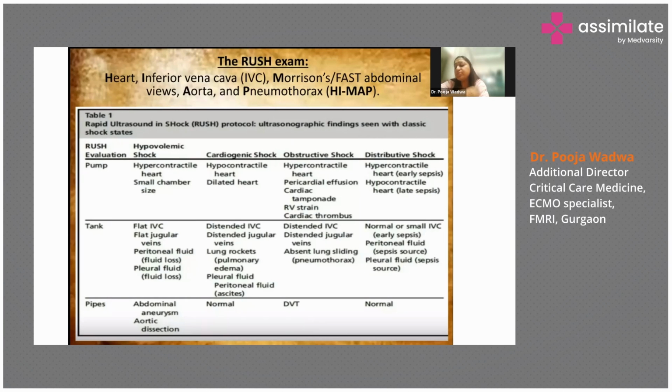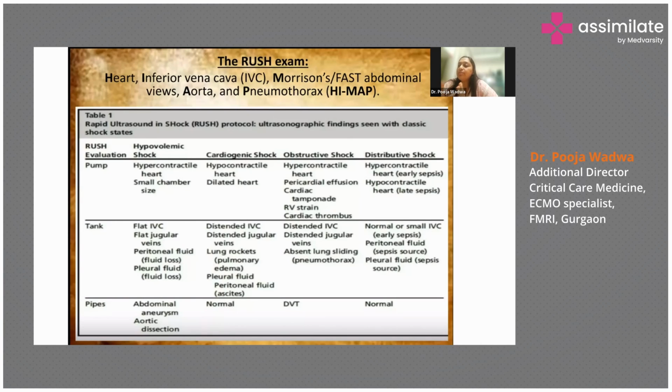Then there are the pipes, which means the basic blood vessels which take blood out from the heart and supply it to the body, like the aorta, or smaller veins like the abdominal inferior vena cava, or the large vessels like popliteal veins and femoral veins. Okay, so you have to divide your area of interest into pump, tank, and pipes.